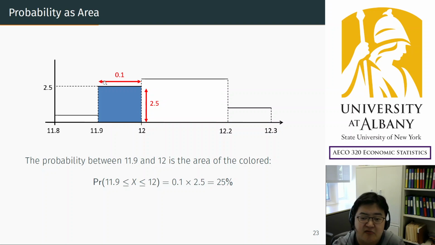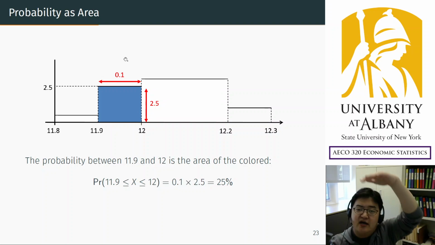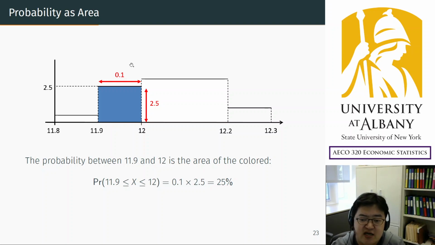This rectangle's area is width times height, 0.1 times 2.5, so it's 0.25, which is 25%. That's the probability, and this is consistent with the numerical example that I gave you.